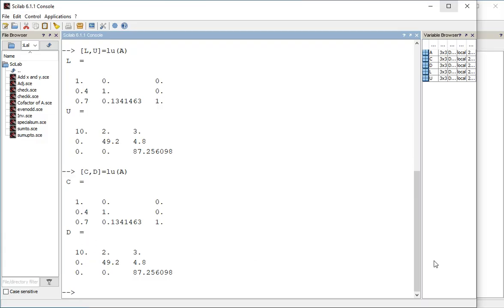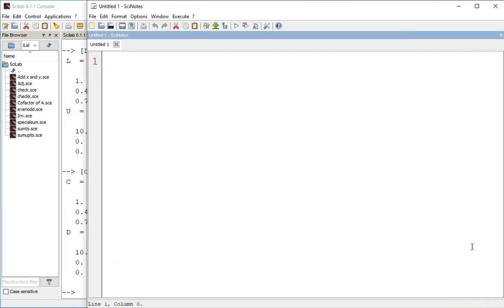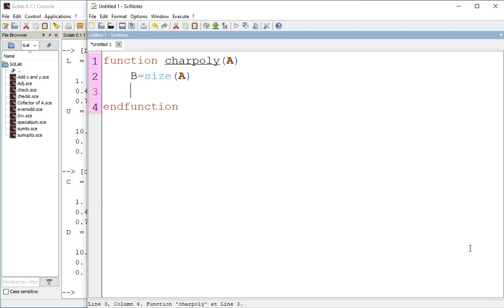Okay, now here we will discuss how to evaluate the characteristic polynomial. So again, a function; I am giving the name charpoly of my matrix A. Again, I have to check whether the matrix is square or not. So first of all, the size of your matrix I will store as B, and if B's first entry is the same as B's second entry, then only I have to perform something.